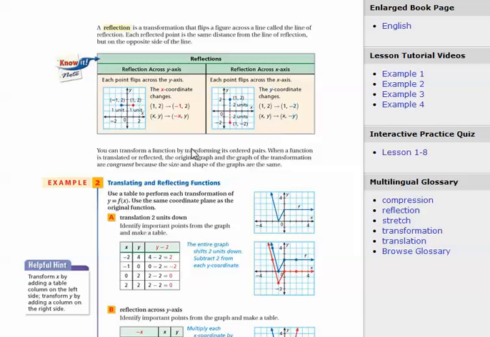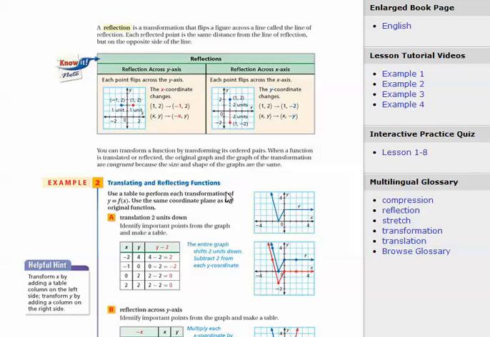If you reflect it across the y, what are you doing? You're changing the sign in the x value. If you're reflecting across the x-axis, then you are changing the sign in the y. Okay, so make sure that you take note of that as well. Then we're going to start putting these things together. So we have a translation, translating and reflecting a function.